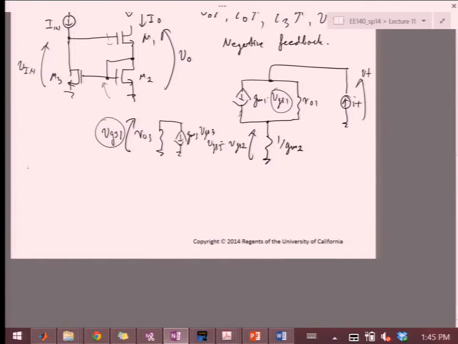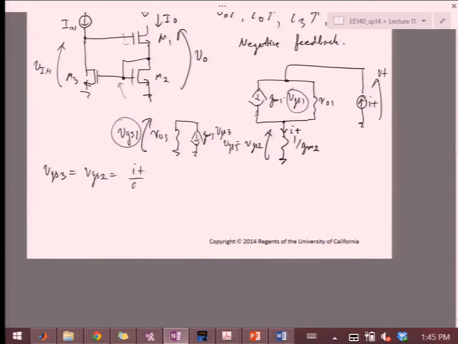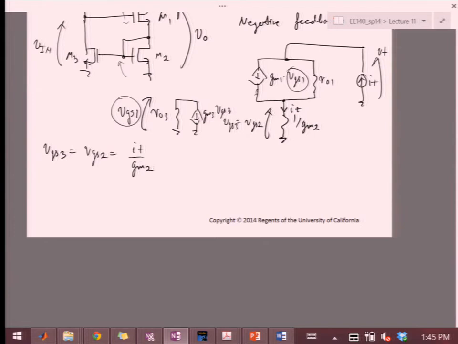So if we go and write a few things, so VGS3 over here is minus GM, sorry, it's not this. We're going to say that IT flows this way and then also flows over here. So VGS3 is the same as VGS2 and is IT over GM2. Okay.